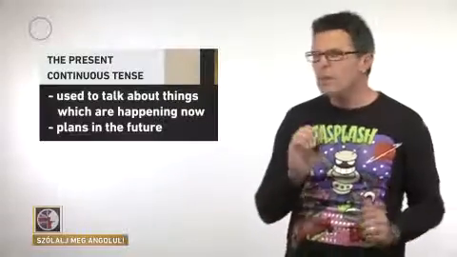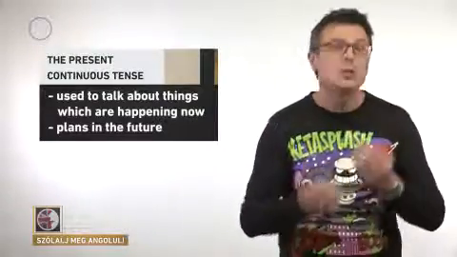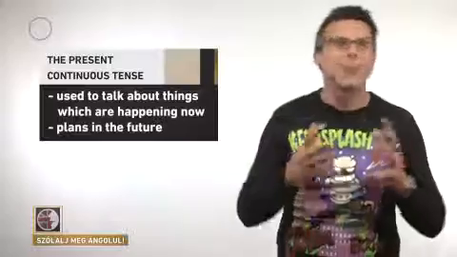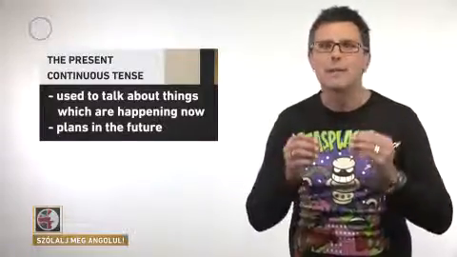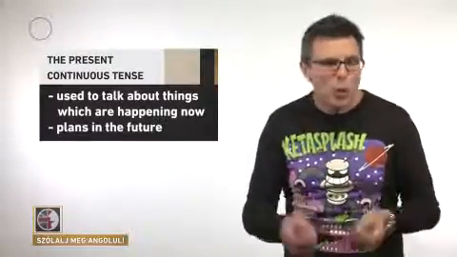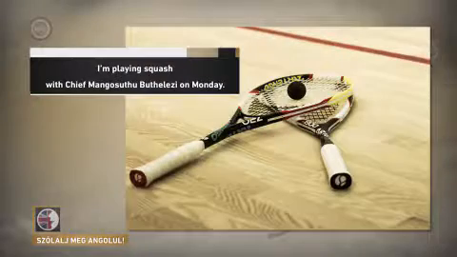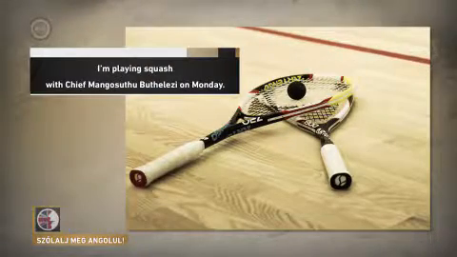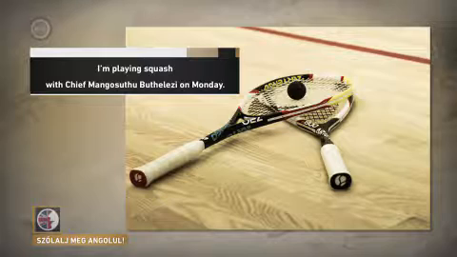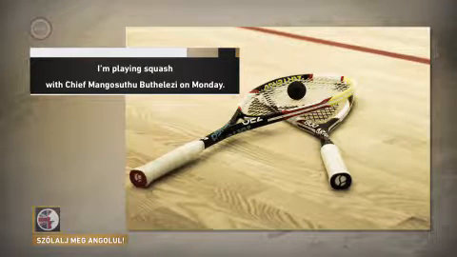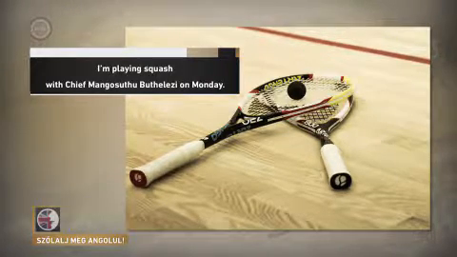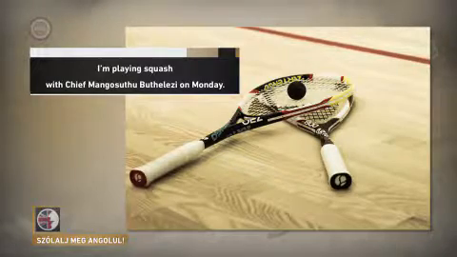Okay. But we also learned that we can use the present continuous to talk about plans and arrangements in the future, similar to what we do with going to. I'm playing squash with Chief Mangosuthu Buthelezi on Monday, for example. We arranged it, it's planned, and it's happening on Monday. Okay.